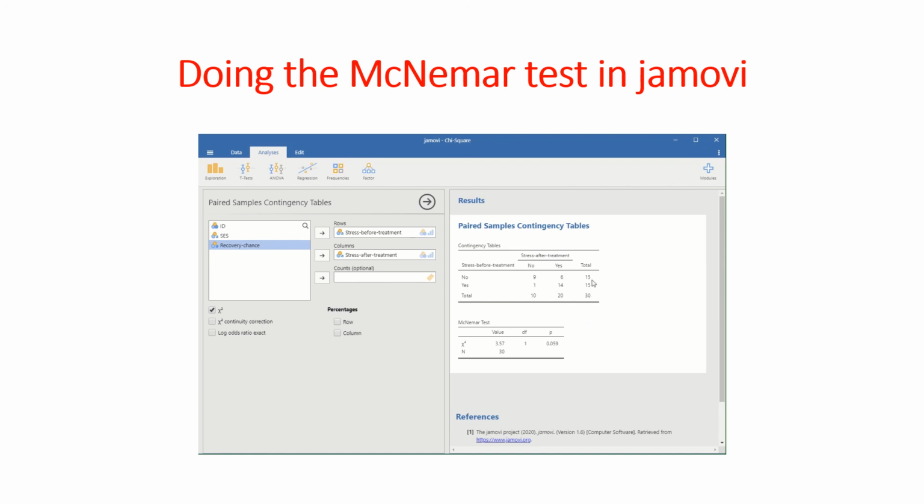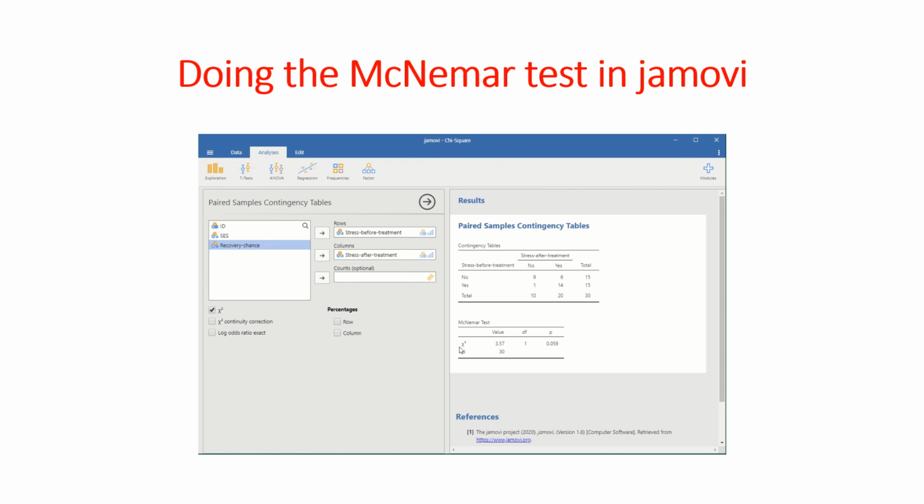But you could easily see that we see a difference between stress before treatment and stress after treatment. More people are saying that they had stress after treatment. And the p-value here also kind of shows a trend and is also kind of showing that.